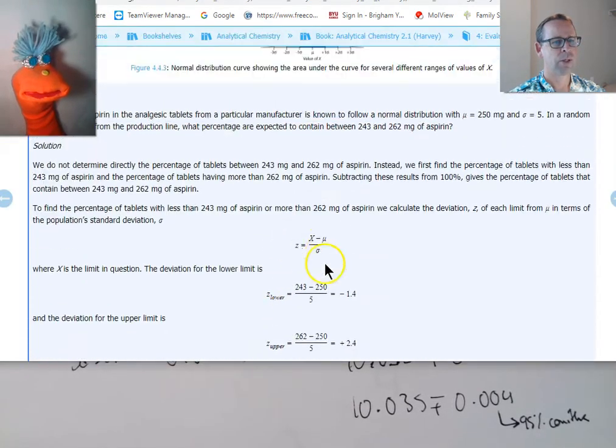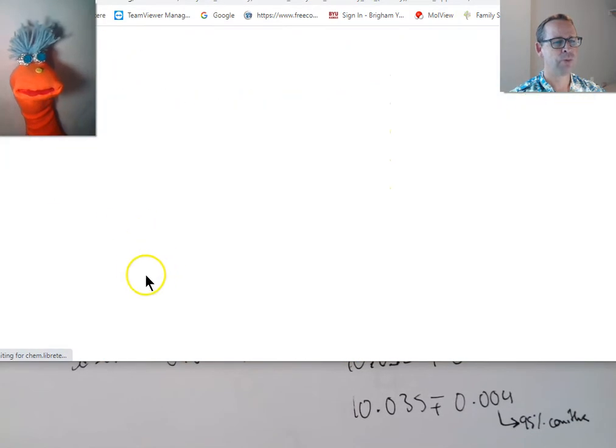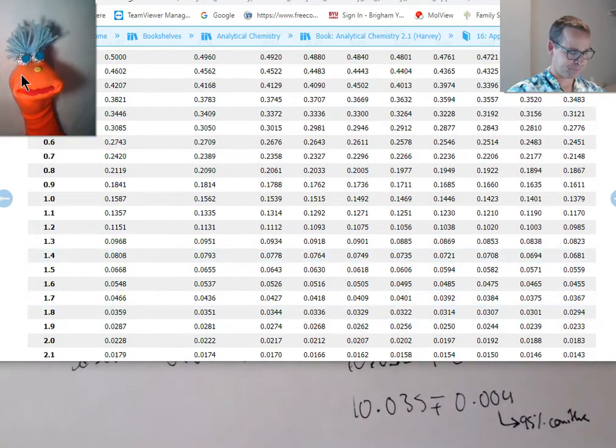Okay, let's see where we're at. 2.4 and 1.4. So we look at our values, 2.4 and 1.4, and we say that at 1.4, we're at 8.08%. All right, we're at 8.08%. Let's write that down here. We can use that later.